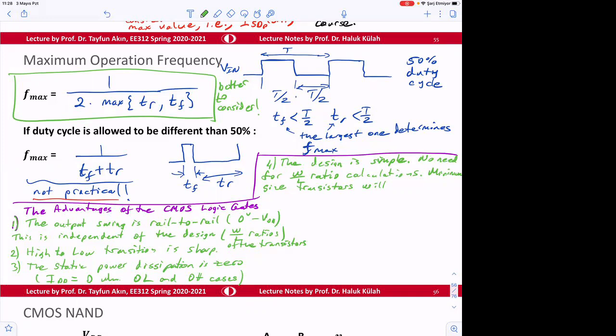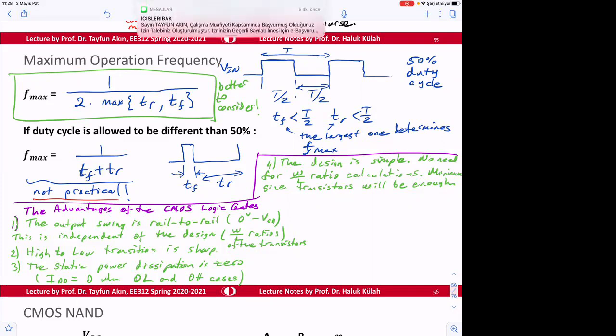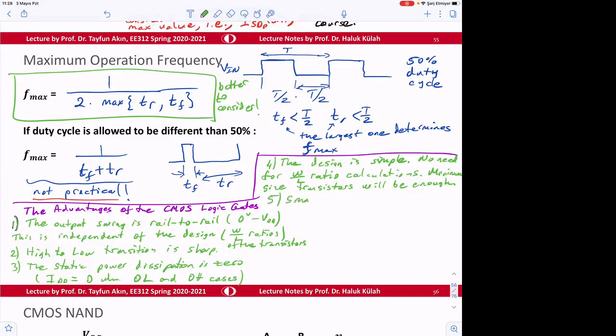Will be enough to have proper operation, and therefore, since the minimum size transistors are okay, we have maybe small chip area is required. Okay, so these are the good things.